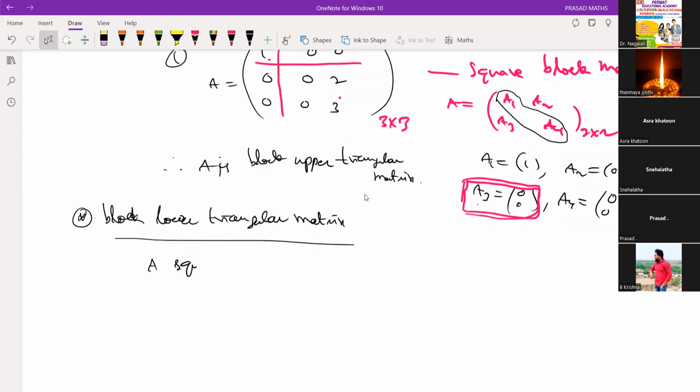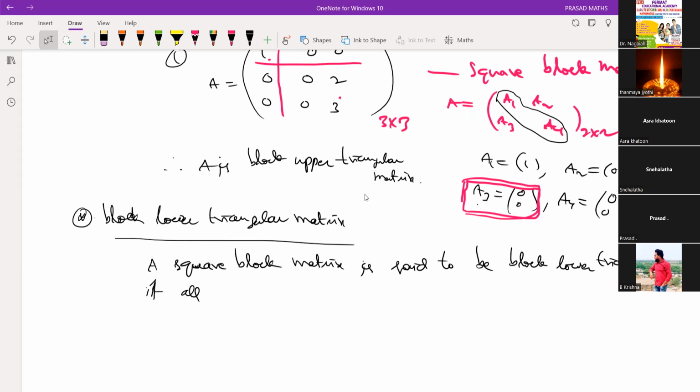A square block matrix is said to be a block lower triangular matrix if and only if, same definition, looking like a lower triangular matrix, all the blocks above the diagonal are zero matrices.